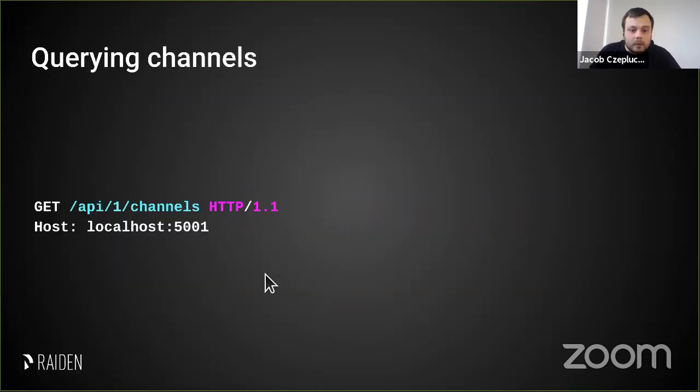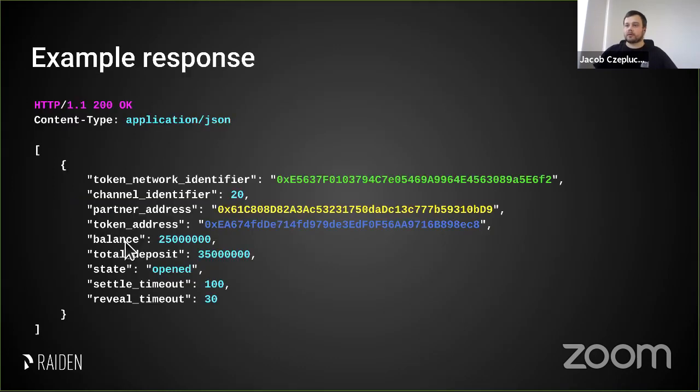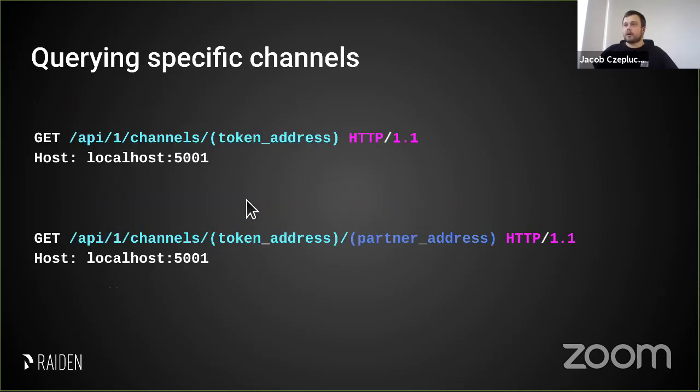You can query channels. That returns a list of open channels. Querying a specific channel: in the first case, it would be just all the channels for a specific token. And in the second one, it would be the specific channel of a token address and your partner address.